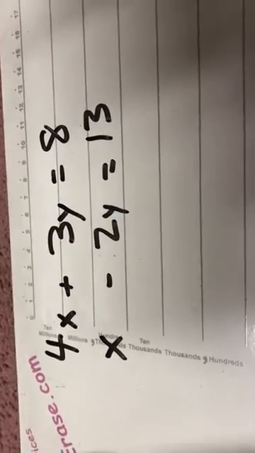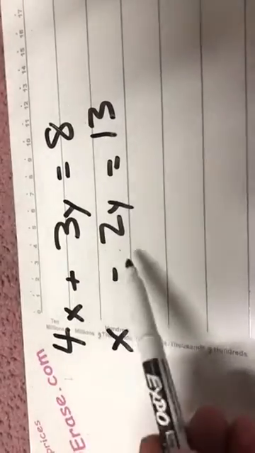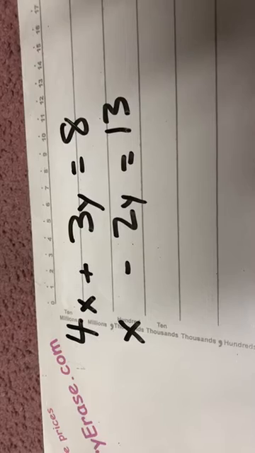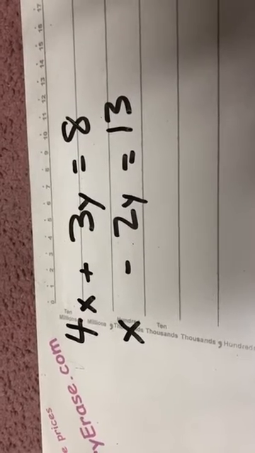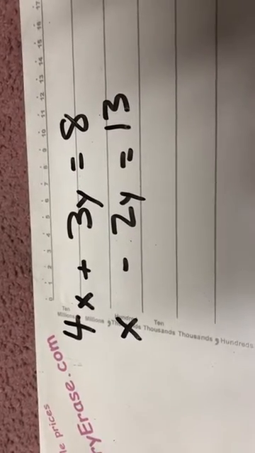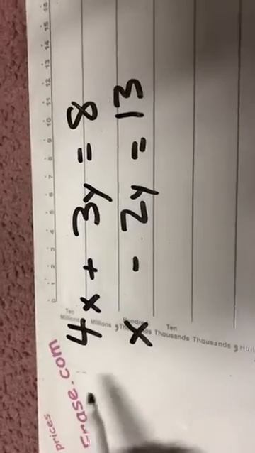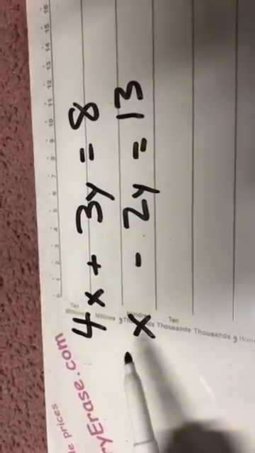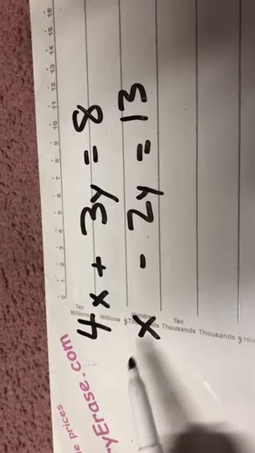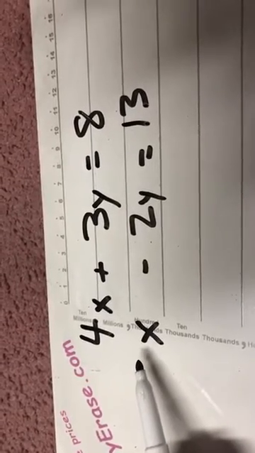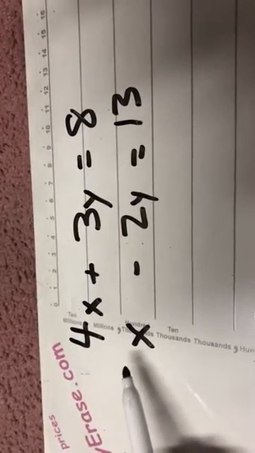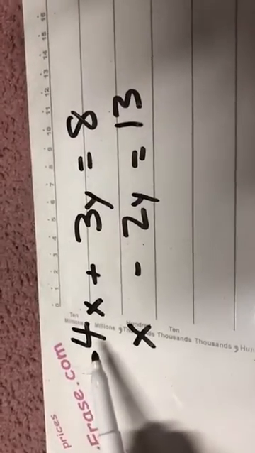So when I look here, I'm looking at x and 4x, 2y and 3y, and I'm looking for a way to get something the same so that I can eliminate. And so when I look at this one, I'm like, well, here's 1x, here's 4x. If I was to take this 1 and multiply it by 4, 1 times 4 would give me 4.